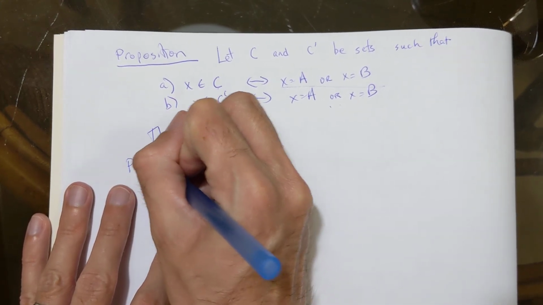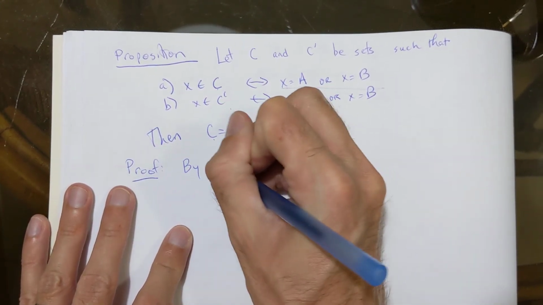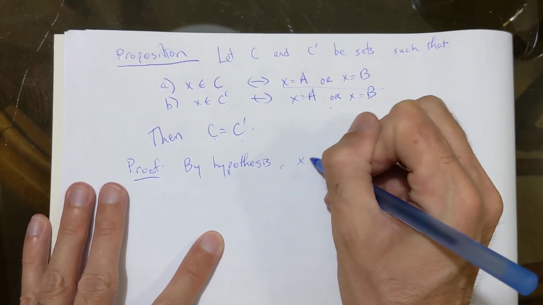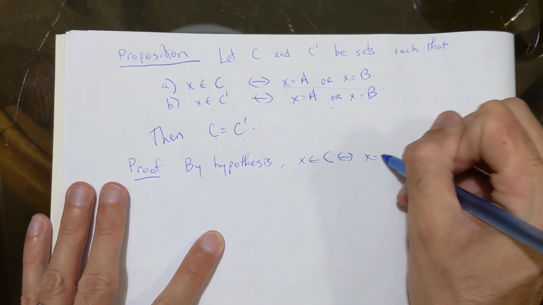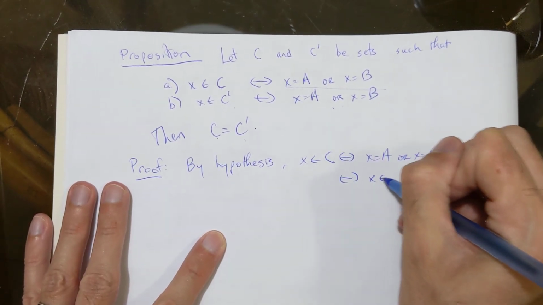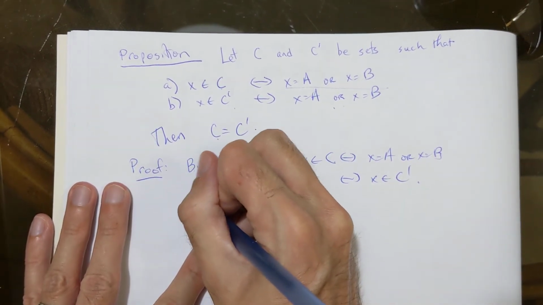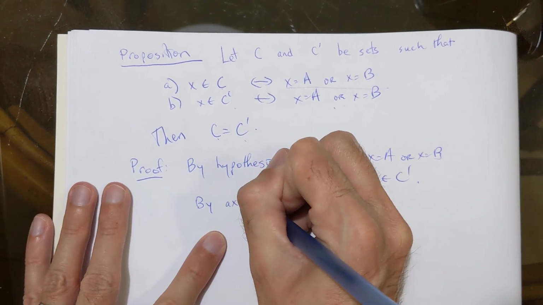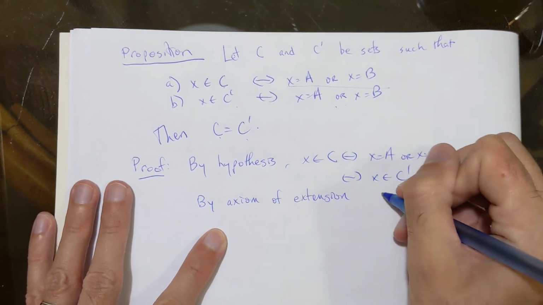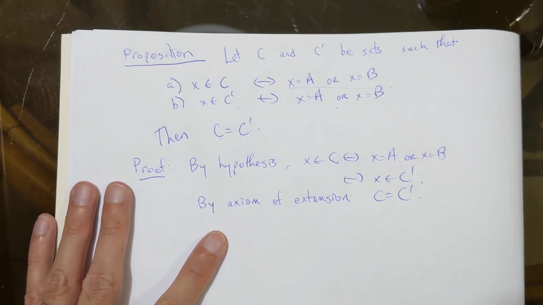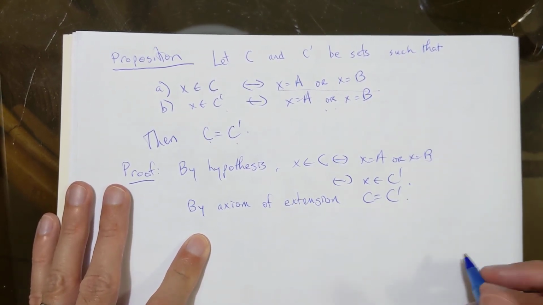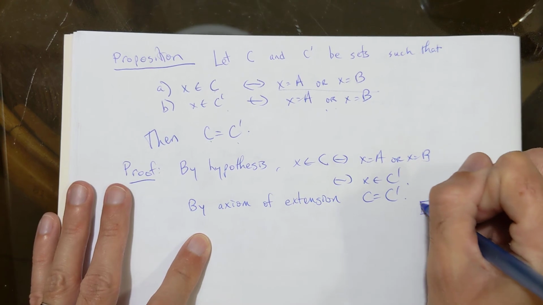So, proof: by hypothesis, X is in C if and only if X equals A or X equals B, and that's true if and only if X is in C prime. And then by the axiom of extension, C equals C prime. Okay, the end.